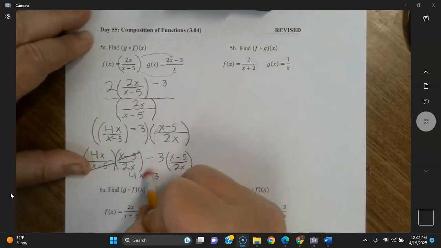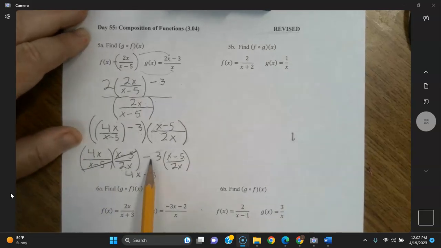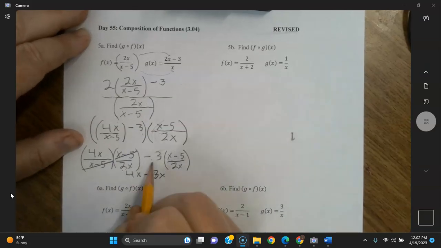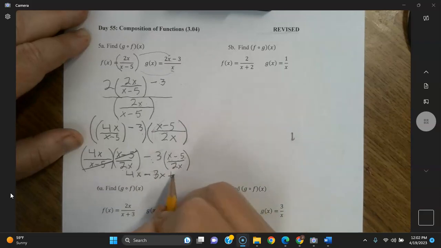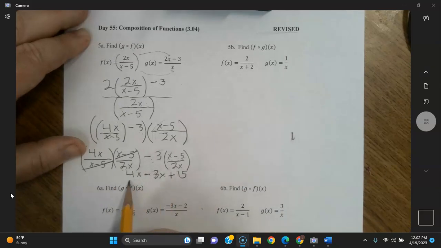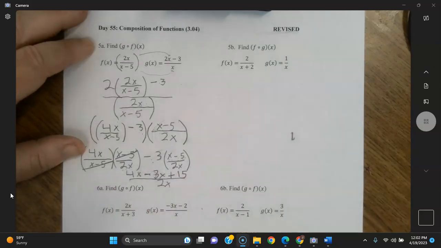So let me say that again. I'm going to do 4x here, and then I have negative 3 times x is negative 3x. I'm distributing this negative 3 through. And negative 3 times negative 5 is positive 15. And then I have the 2x's on the bottom. And they're a common denominator.